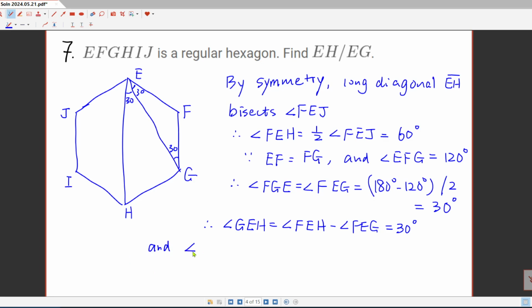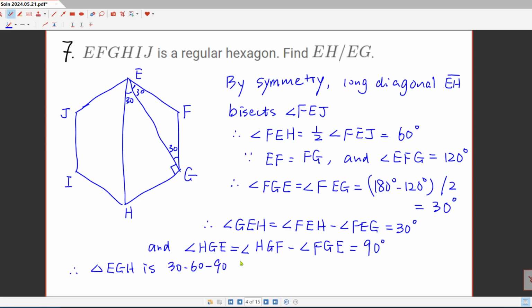And also we have angle HGE equals angle HGF minus angle FGE, and that gives us 90 degrees, right? And therefore we know triangle EGH is a right triangle, which is actually a 30, 60, 90 triangle, right?